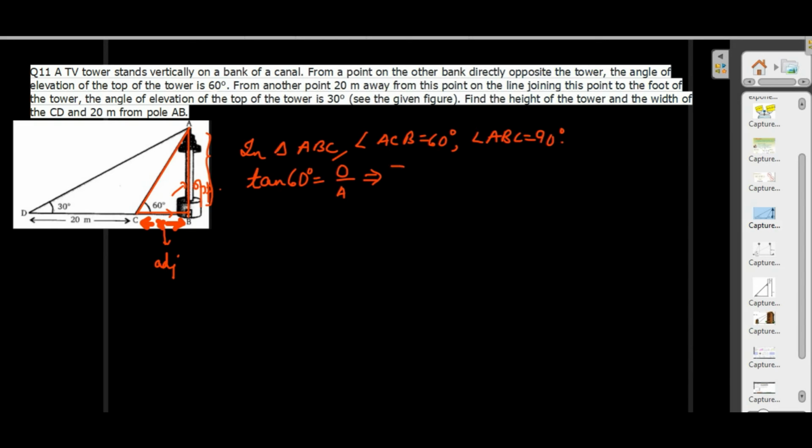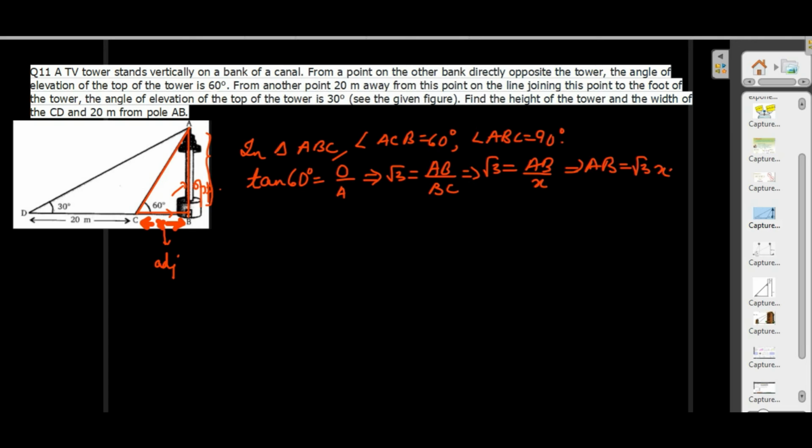Tan 60 degree is root 3. Opposite side is AB, that is the length of the tower, and the adjacent side is BC. So root 3 is equal to AB upon x, so AB is equal to root 3x.